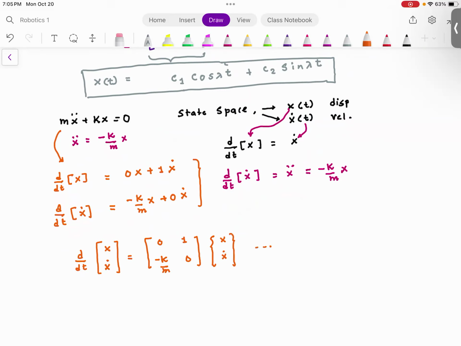So this is called two first order equations.